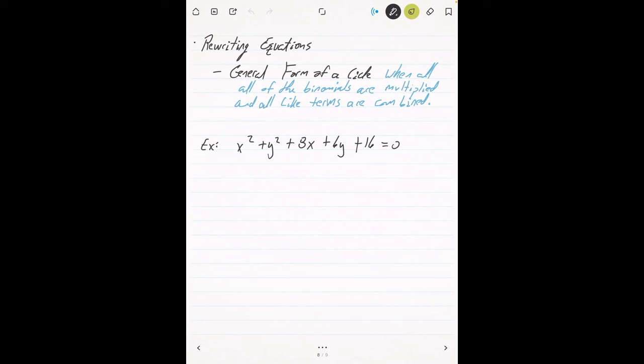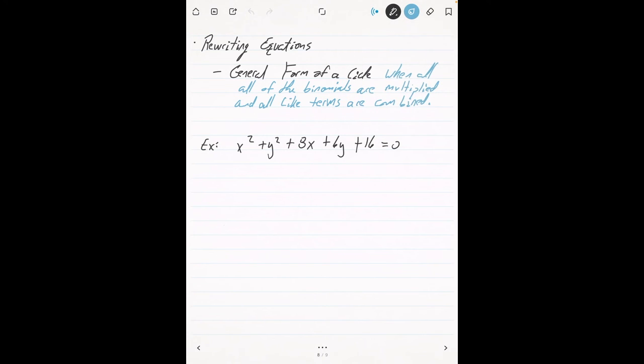Now, one of the other more common types of problems you'll see in later math courses, such as college algebra or pre-calculus, or even something you might see on the SAT, is where they ask you to switch between different forms of equations. So, for example, the general form of a circle is when you take the standard form.